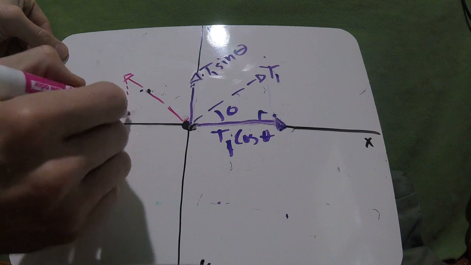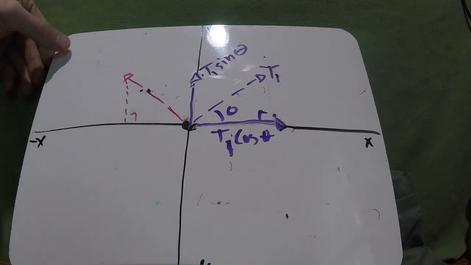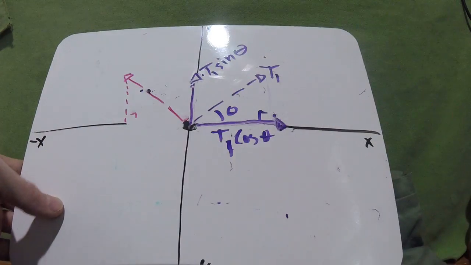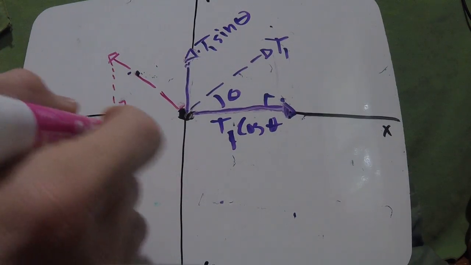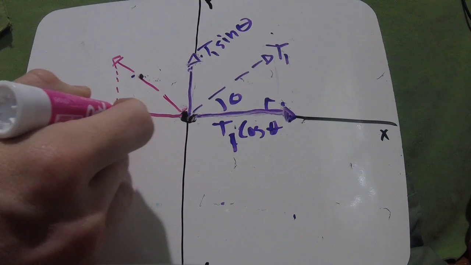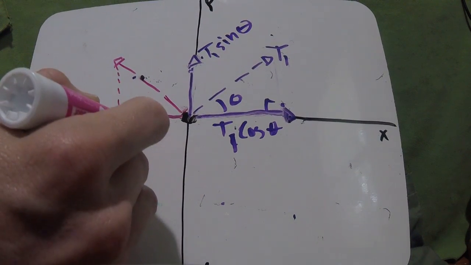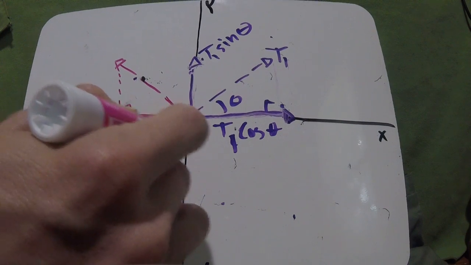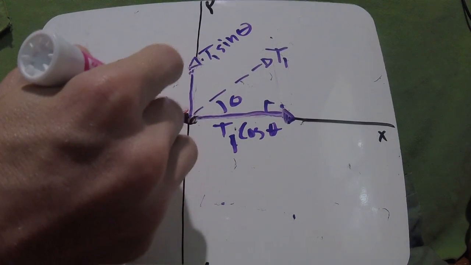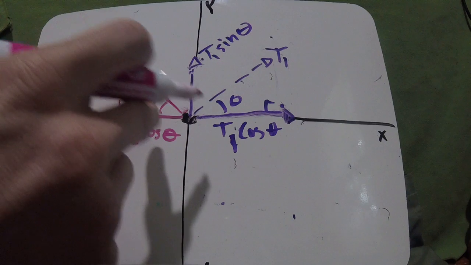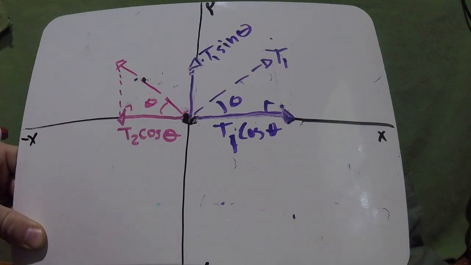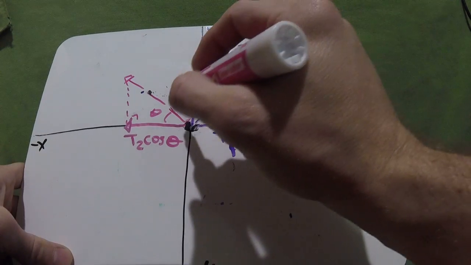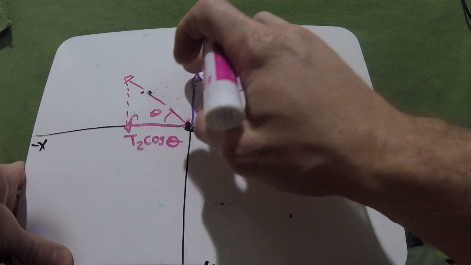So I drew this right triangle, and I said that now, boom, this has a component here, T2 cosine theta, because we said theta was the same for both of them. And we also have an equal one here. So now we have two forces acting in that y direction.